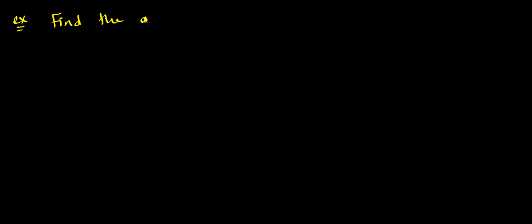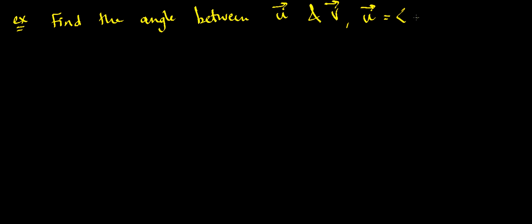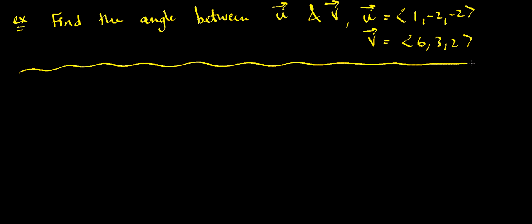Find the angle between vector u and vector v. U has the components 1, -2, -2. V has the components 6, 3, and 2. Okay. First, let me write the theorem.